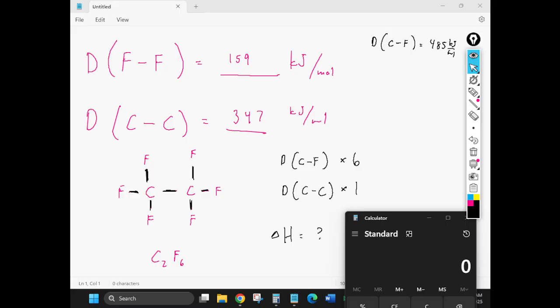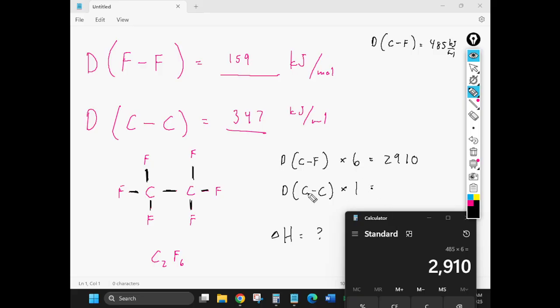All right, so if we take a look at this molecule, we're going to calculate the bond enthalpy. Like I said, we're just going to multiply the bond enthalpy for each bond by how many there are. So a CF single bond is 485, and there are 6 of them. So we just multiply that by 6. And so to break all of the CF bonds, it's going to take 2910 kilojoules per mole.